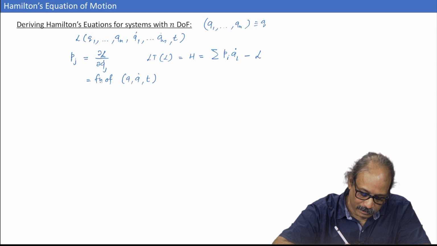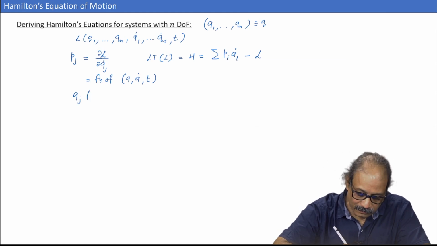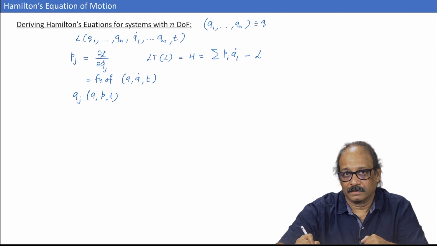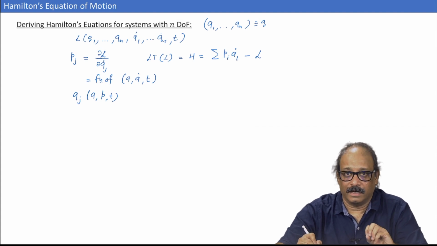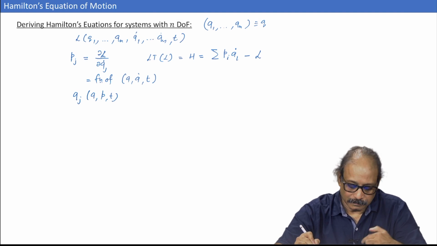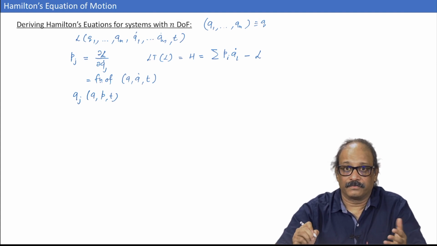So, what we want is qj dot in terms of q, p and t. Remember again here the p represents n variables, which is p1 to pn. When will this happen? That is when the Lagrangian is a convex function of q dots.